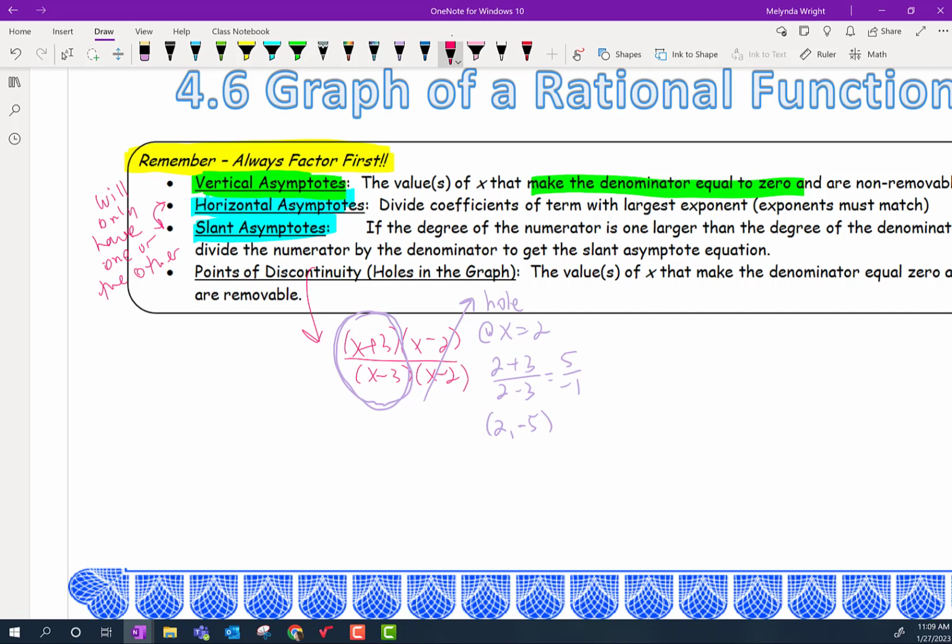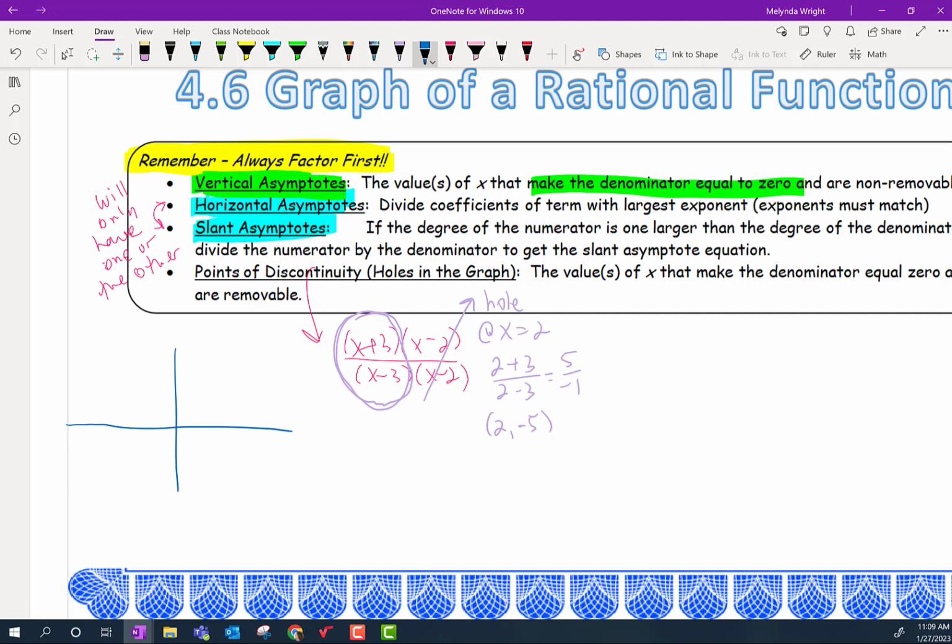Sometimes they cross the horizontal asymptote. I know that is like, what? You can't cross a horizontal asymptote? Oh, in fact, you can. Let me talk about what that would look like, and how we discover if that's the case. The functions we're graphing this year are more complex, so it is certainly possible that they may cross.